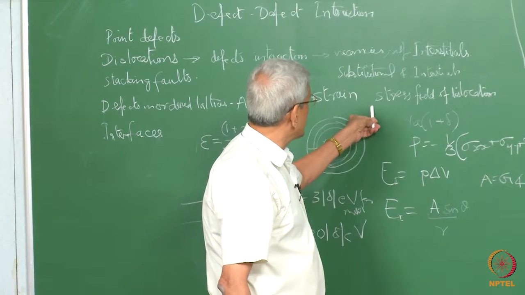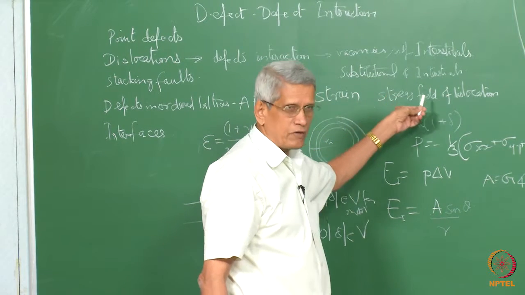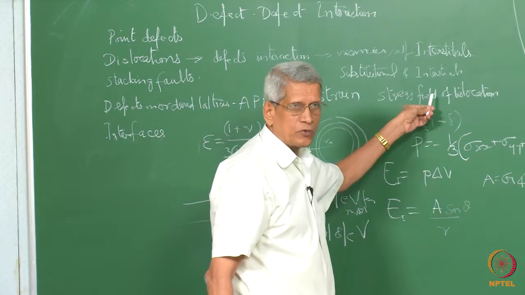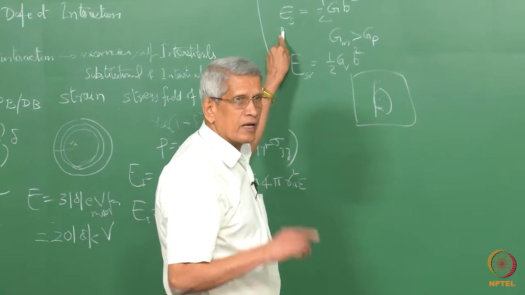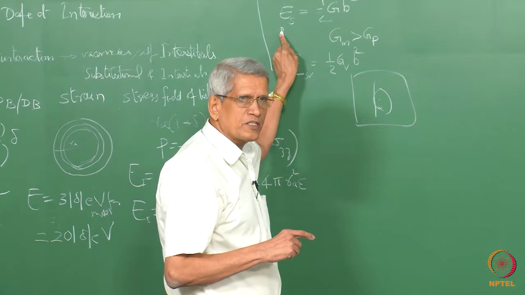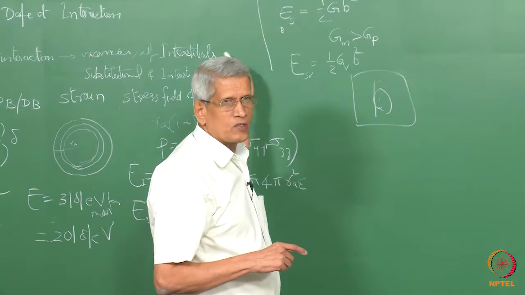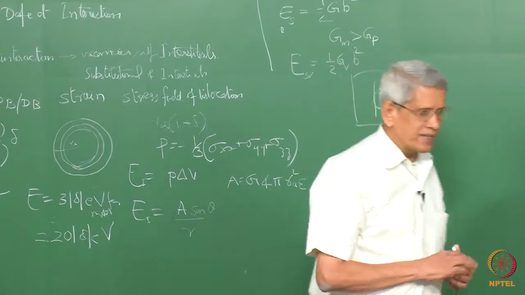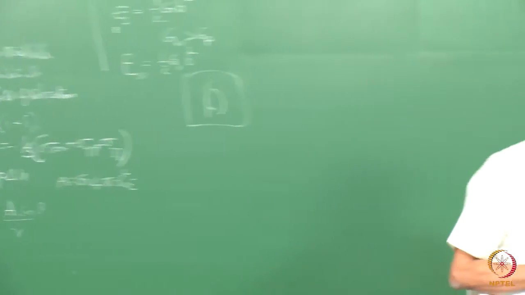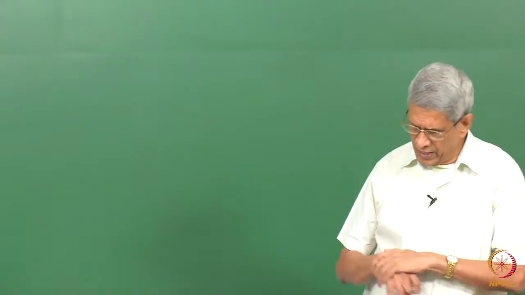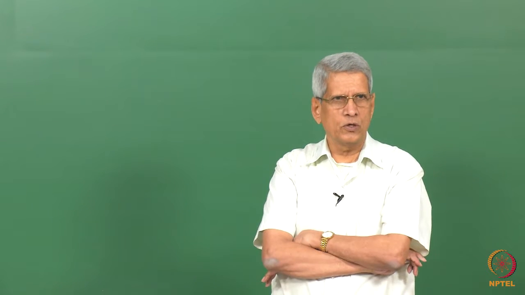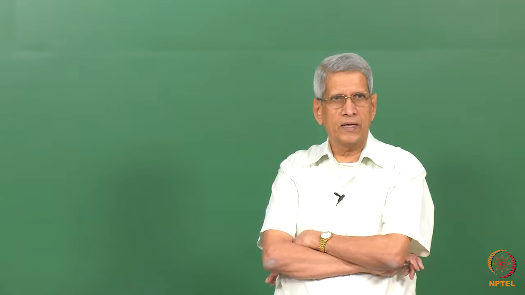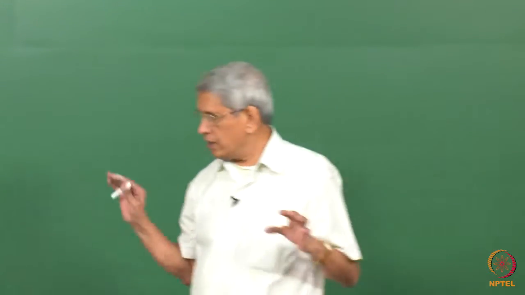This interaction energy is essentially the stress and strain field interaction. The modulus effect will come into the picture only when it just enters, because it's not going to act otherwise, correct?